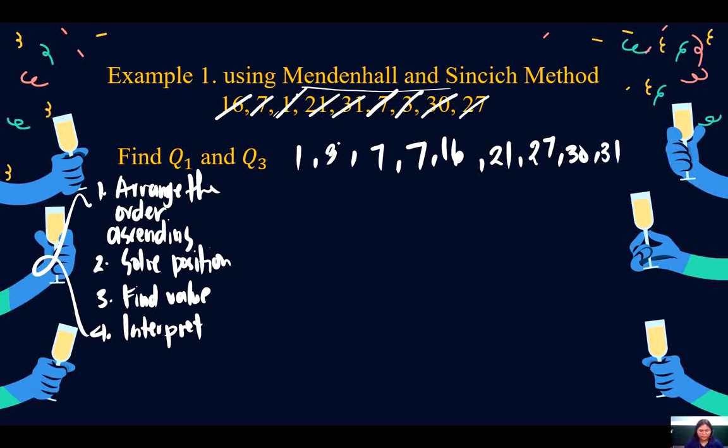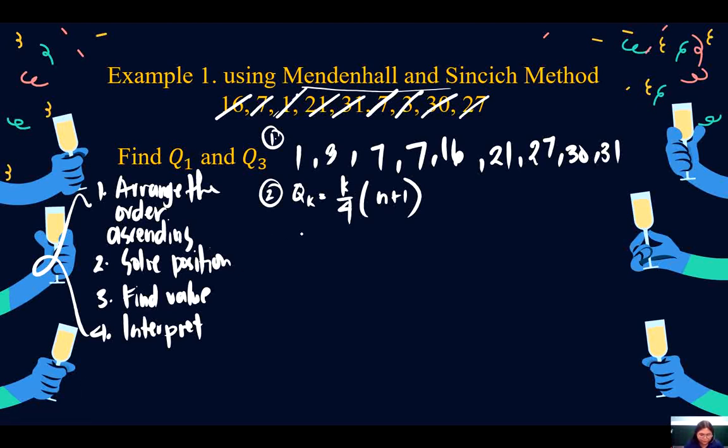Okay? So, na-arrange na natin. This is the first step. The second step is solve the position. So, ang kukunin muna natin class is the first quartile. Okay? Our formula for the quartile is Q sub K is equal to K all over 4 quantity N plus 1, where K is the position and N is the total number of observations.